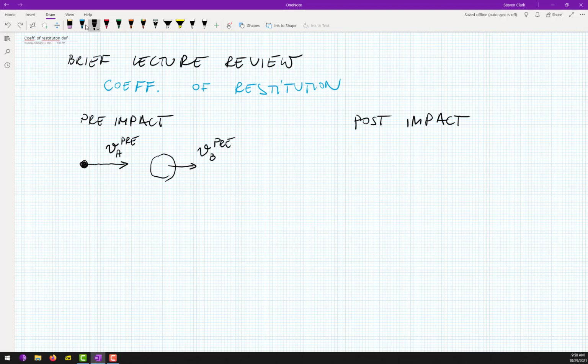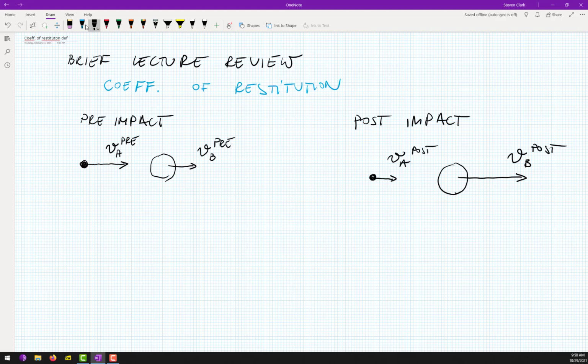Sounds good? After the impact, we have the same particles again, and this time the guy on the right will have a larger velocity than the other one, so it will be VB post and VA post. So we have the situation pre-impact, then they hit, and then the situation post-impact.